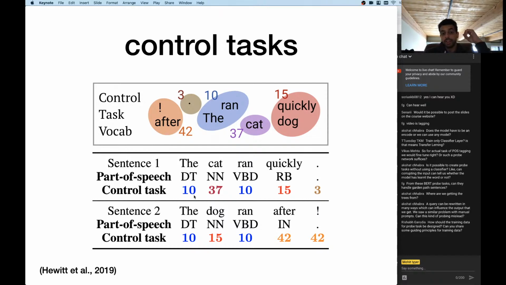If the model is able to predict which random group the word belongs to, then that's a sign that the probe network itself is probably too complex, because we're not actually learning anything about the representations here. These are completely random groupings. So the probe network is doing all the work in recovering these groupings.